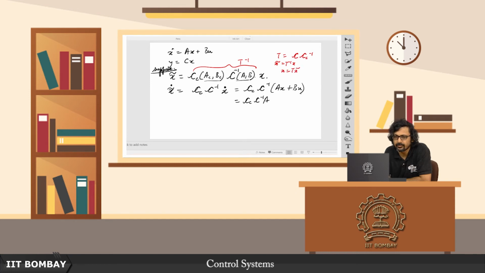We have done this so many times, but it is always good to get some more practice out of this. So then this T is given by this, so I can just write this as C inverse times x tilde plus C inverse B u.